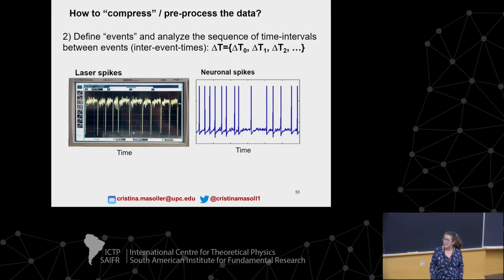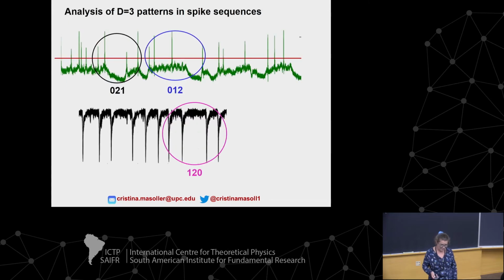The other way is to define events, as we already talked about last class. This issue of defining events and analyzing the sequence of times between events allows us to uncover similarities in these two cases, the laser spikes and the neuronal spikes. And these are examples of patterns that you can see here.